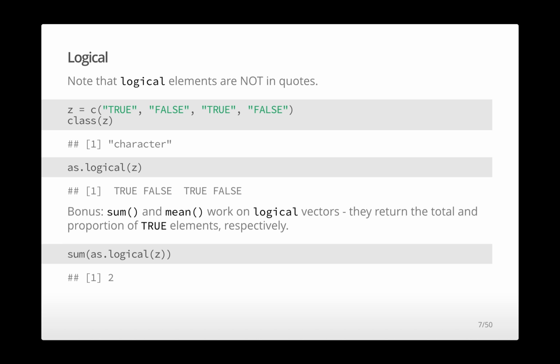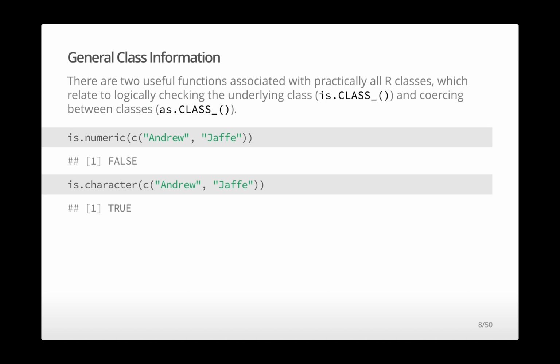Already said this, so there's 2 trues there. So if you do mean on a logical, that's a percentage, right? On things like that. So again, is and as are the general functions. So is tests something, as changes it to that. Like in Stata, I believe, you say replace or gen new variable equals real of the old variable, right?